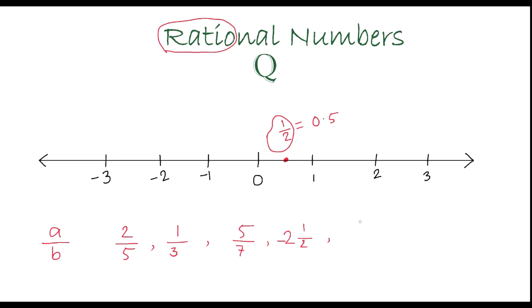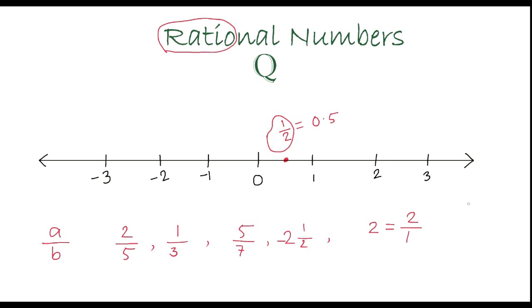But you can ask me, how can the integers be rational numbers? Because they are not ratios. My answer will be, integers are also ratios. You can pick any integer from here, suppose 2. This 2 can be written as 2/1.